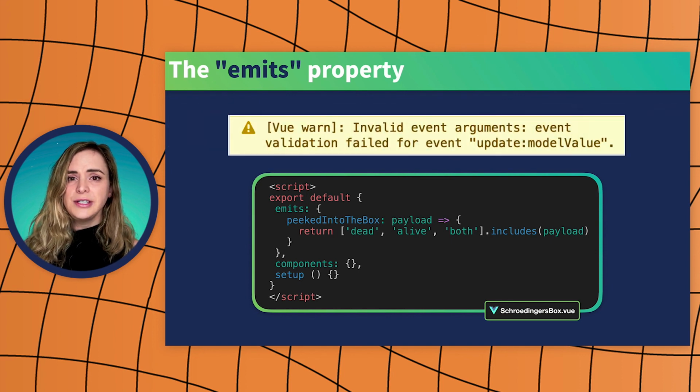If the validation for the emitted value fails, Vue will issue a warning like this one. As always, remember that these warnings, just as the ones for prop validators, are not meant to catch errors, but to serve as a guide for developers that may be using or instantiating your component incorrectly, and to catch bugs during the development cycle.